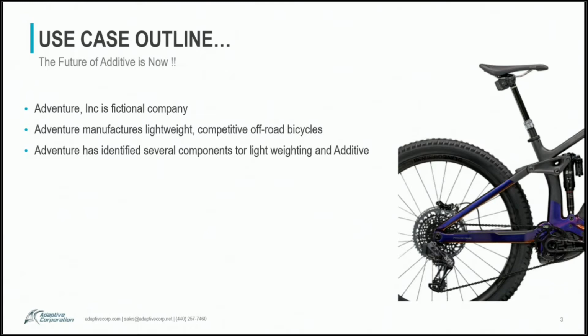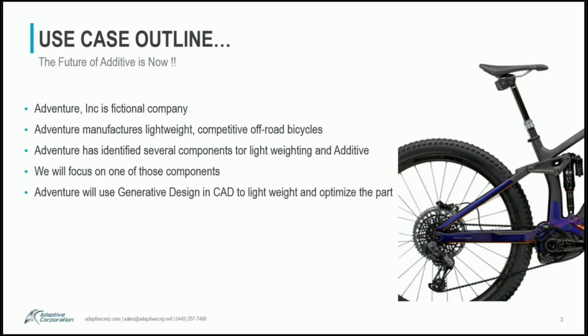So in our example, Adventure has identified several components for lightweighting and additive, and they would like to try additive in their production process. So these would be end-use parts in this example. We're going to focus on one of those components. Of the several, we're just going to focus on one.